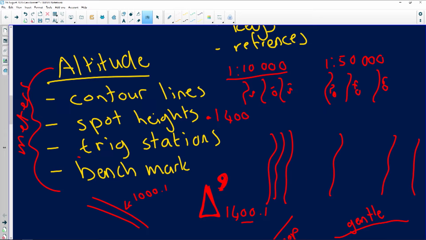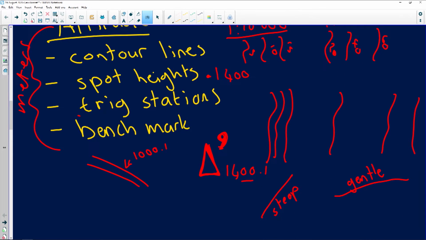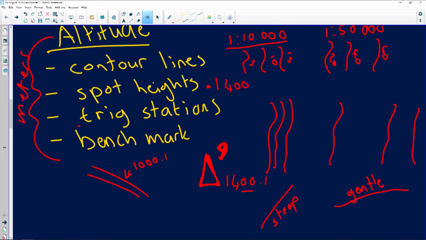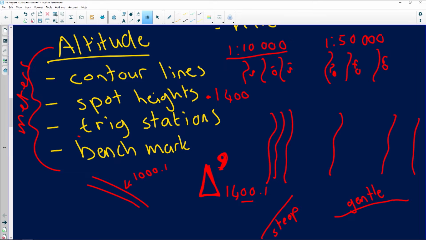Now, there's a difference between the two of them. Pay attention. The interval is only 5 meters on the orthophoto. It's 20 meters on the topographical map. When the contour lines are close together, we know it's a steep gradient; when far apart, a gentle gradient. Altitude and height are measured in meters.